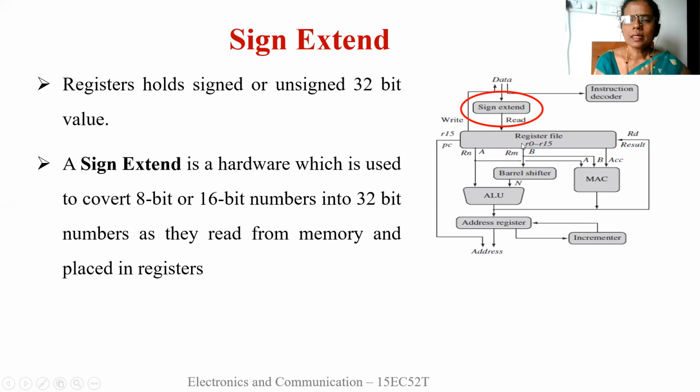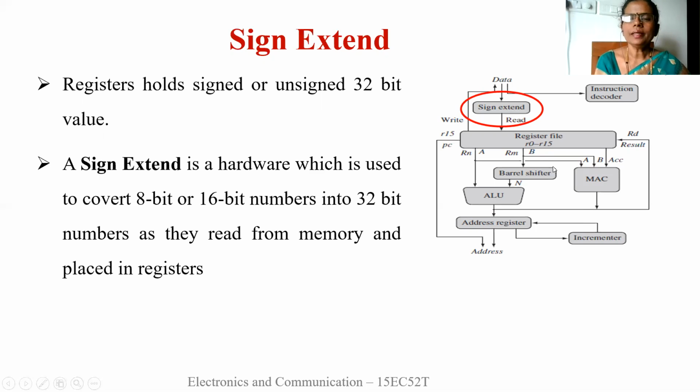How does it convert? The LSBs retain the data. The remaining MSBs make up the sign. If you are giving a positive number, it makes all the MSB bits 0. And if you are giving a negative number, it makes all the MSB bits 1. So it extends the sign of the data.